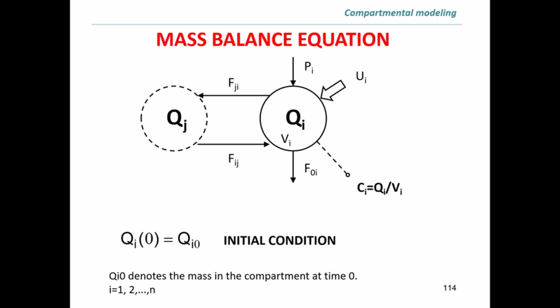Each compartment is also described by its initial condition, and the initial condition for compartment I is represented as QI at time 0 equal to QI0, where QI0 denotes the mass in the compartment at time 0.